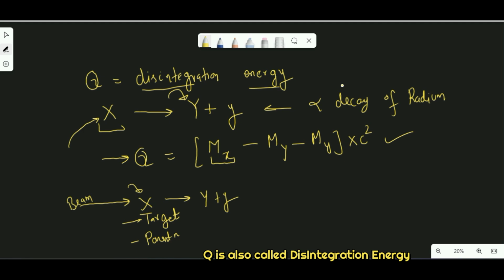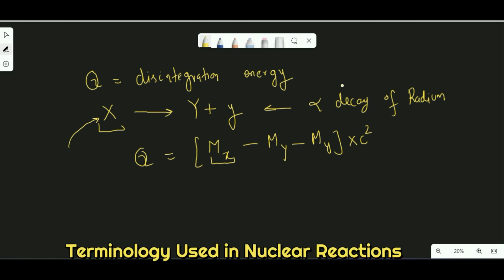Binding energy is probably the easiest one because if you do the calculations with the help of binding energy, you just worry about the mass defects, and the binding energies only need to be subtracted. So there is a new terminology called disintegration energy. If you see the word disintegration energy, do not be scared; it is the same as the Q value of the nuclear reaction. Sometimes X is also called a target because a beam comes and hits a target.